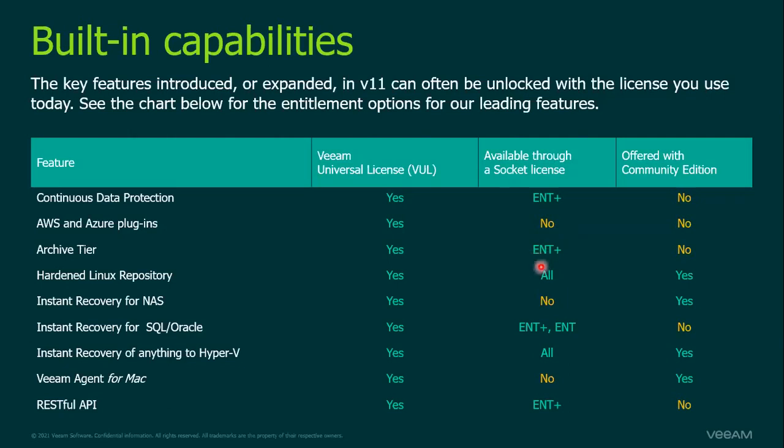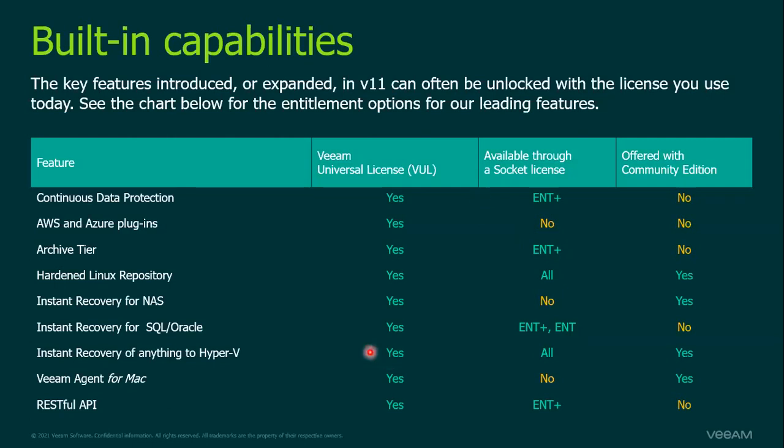Same with instant recovery for NAS, it's not available in socket-based licensing, whereas in universal licenses it's all available. Similarly, the new enhancement, the agent for Mac, which has come with V11, is not available in socket-based licensing, right? So these are a couple of key differences between socket-based licensing and universal licenses.